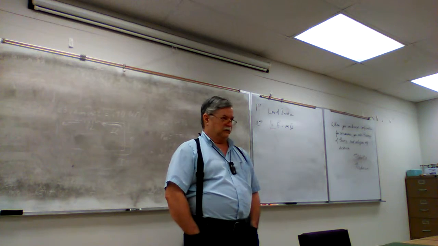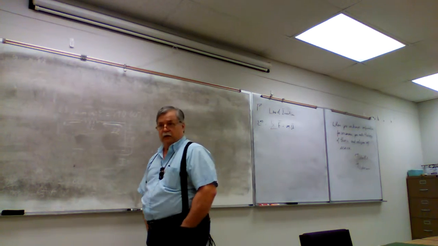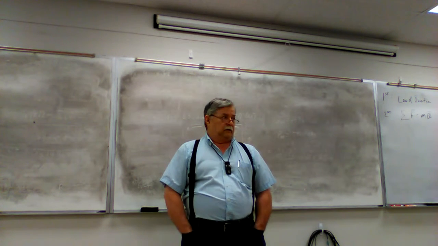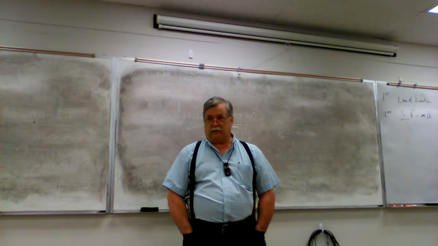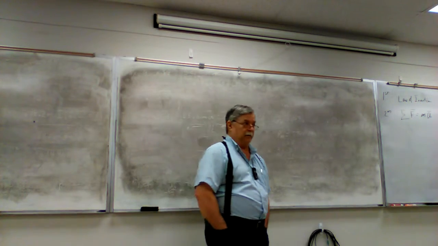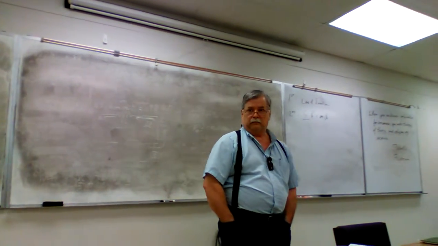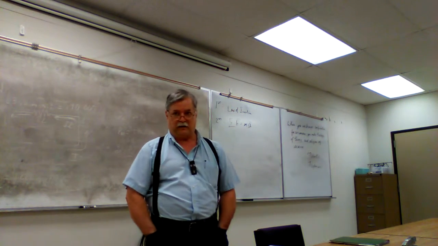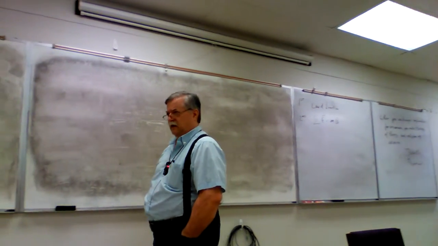If this were my stats class, then normal means a symmetrically distributed population about an arithmetic mean. Or maybe it means plus or minus 3 standard deviations around the arithmetic mean. But this isn't statistics. This is physics.